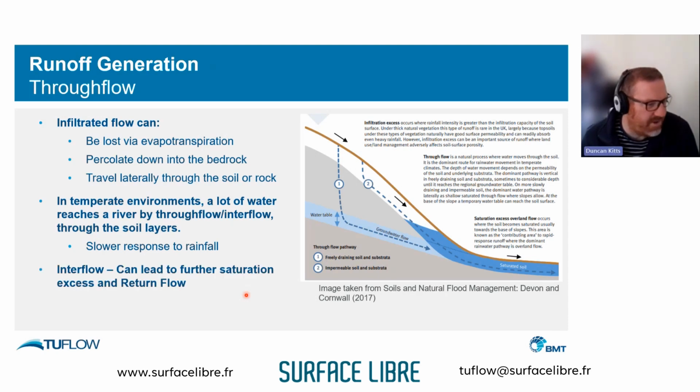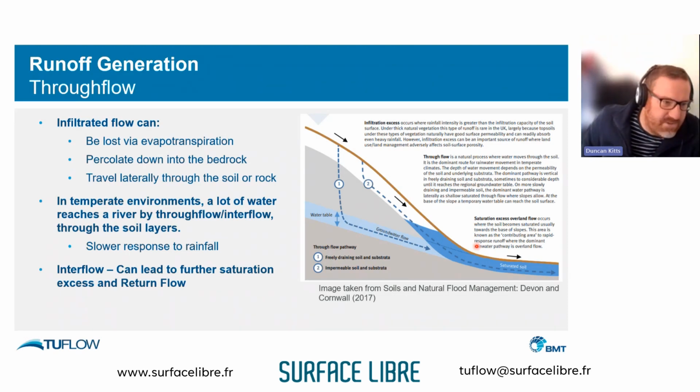So obviously, interflow gives you that slower response to rainfall. It can also lead to further saturation, or further saturation excess, particularly at the bottom of valleys. I was quite shocked walking around some of the hillier areas of the UK last year during drought, and there was water just flowing out at the bottom of the slopes. In fact, I live about 100 yards away from an old water supply pump.